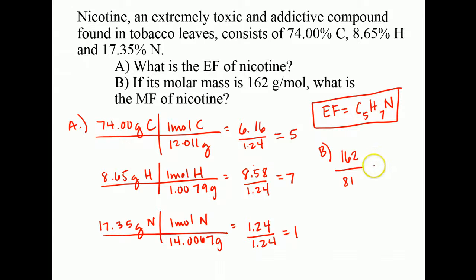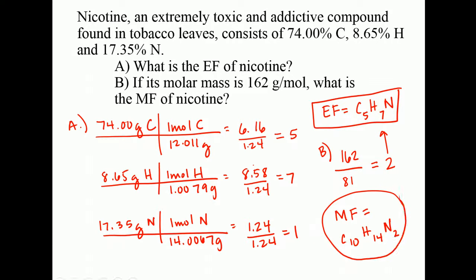And when you divide, that gives you a whole number of 2. So if we apply this 2 to that empirical formula, we should get a molecular formula of C10H14N2. This brings us to the end of section 3.5.